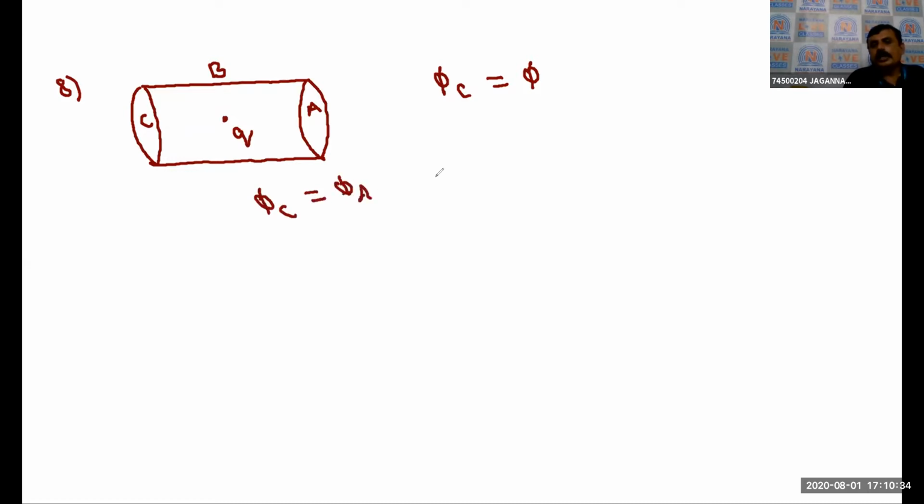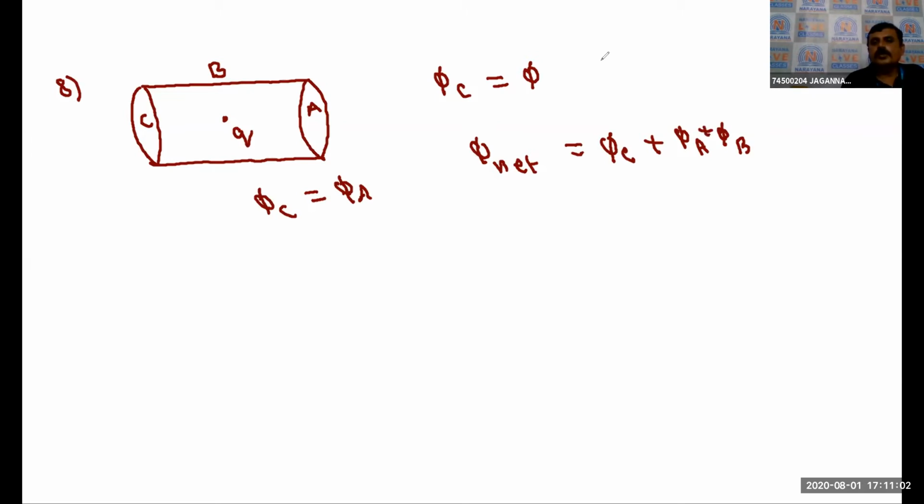So what is the net electric flux here? Net electric flux is equal to electric flux due to the curved surface plus electric flux due to the two plane surfaces, phi C plus phi A plus phi B. What is this one?